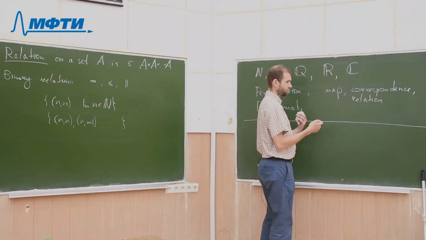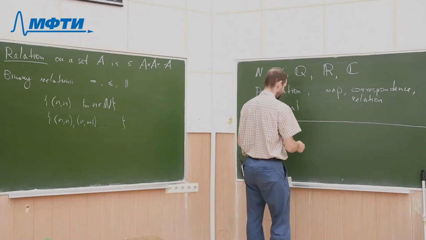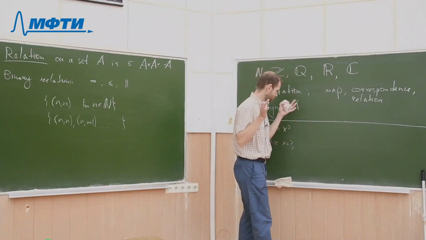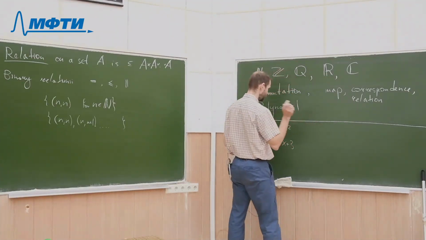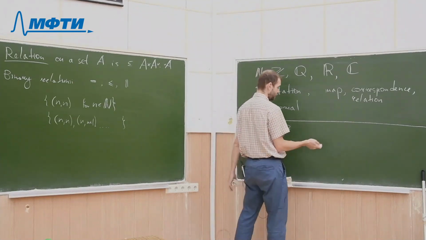If we treat one function as a correspondence, and we draw a picture like that for f of x, then how would this picture look?